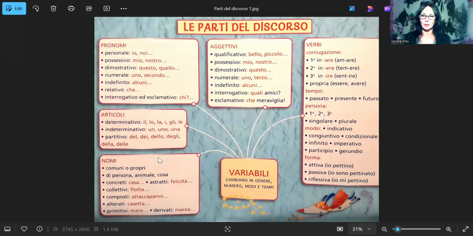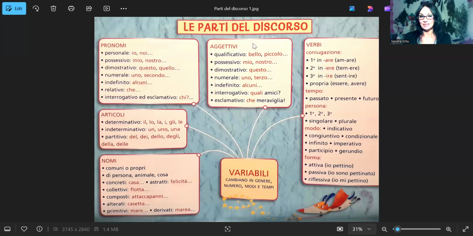So, for example, if I talk about a profession, a doctor, masculine would be dottore, and dottoressa is the feminine. Otherwise, remember, objects are either masculine or feminine, they don't change gender, only number, so singular and plural. So these are just different types of nouns, but let's not worry about those now.